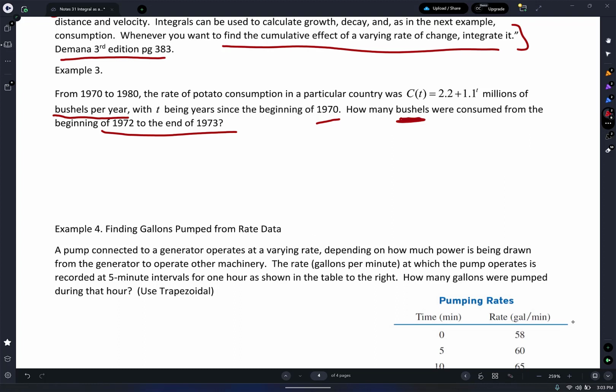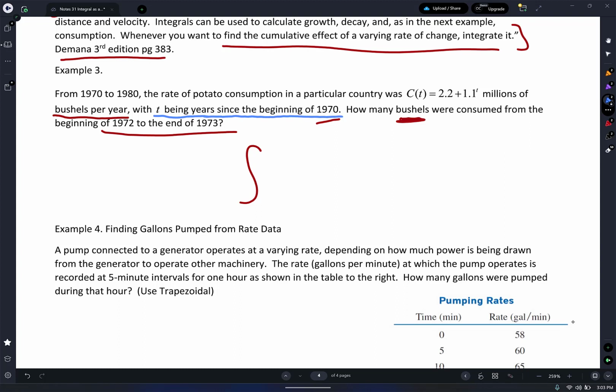So what am I going to do? I'm going to integrate. So here's my integral. What do I use as my lower limit? Do I use 1972? Okay, I'm going to slow down. Look what it says right here. T being years since the beginning of 1970.